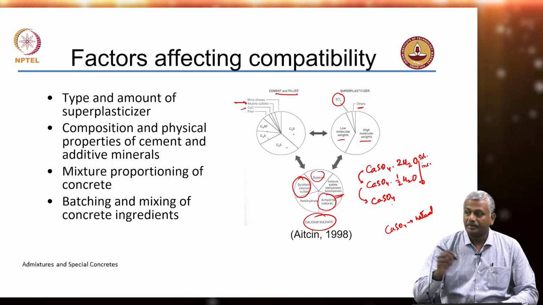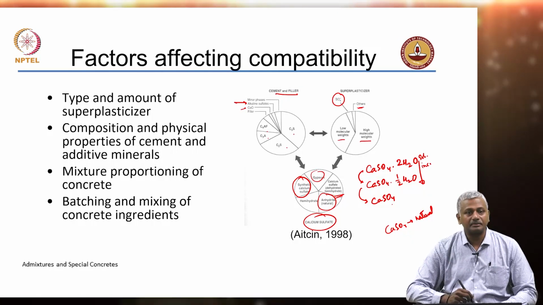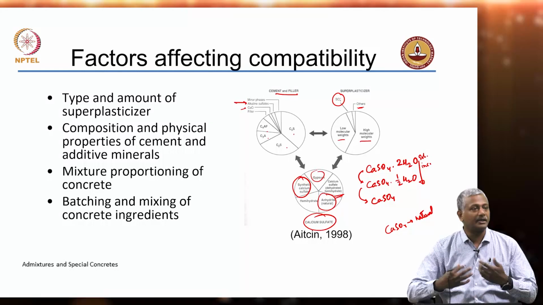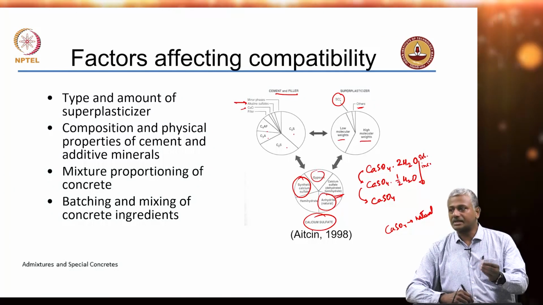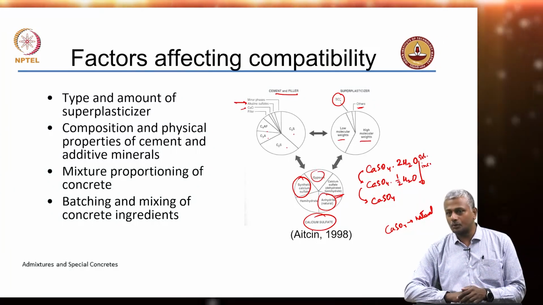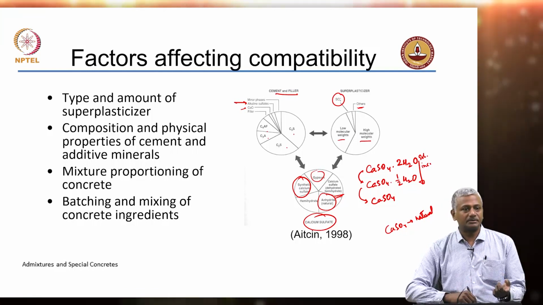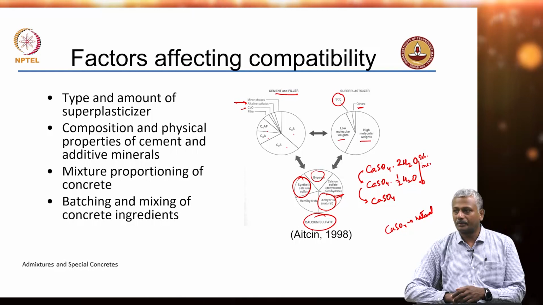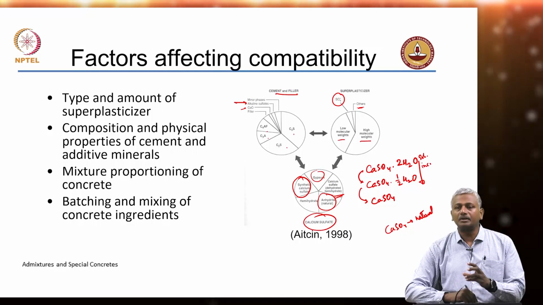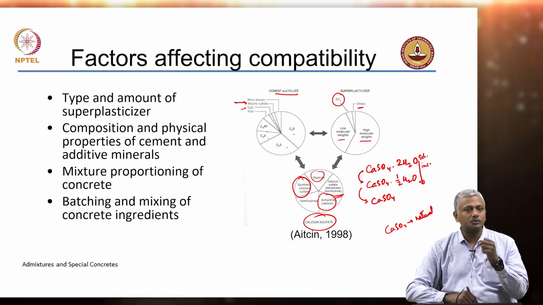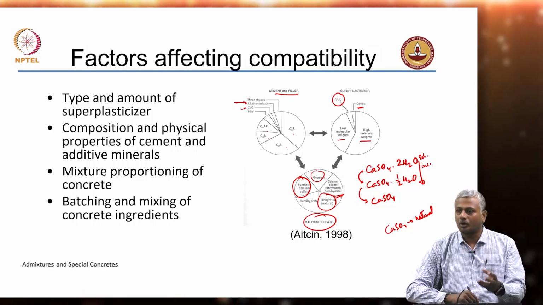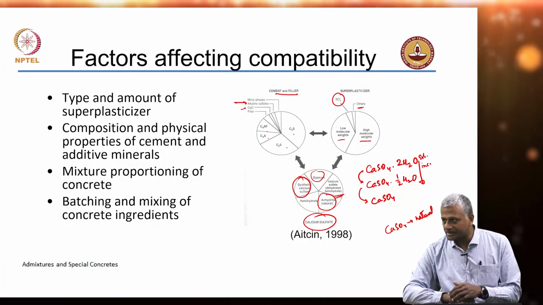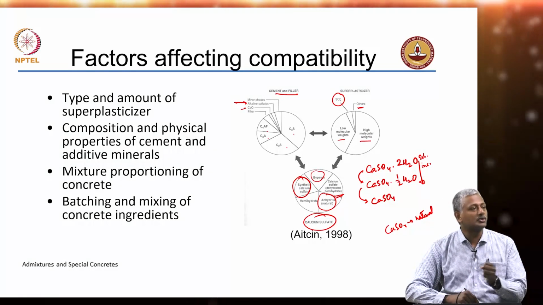As you go from gypsum to hemihydrate to synthetic calcium sulfate, your solubility goes up. That means the sulfate is available faster in solution to react with C3A to lead to a normal setting process. Okay. Now, you do not want sulfate to come in too early, you do not want a quick set unless the condition really demands it, right. You want a controlled set.